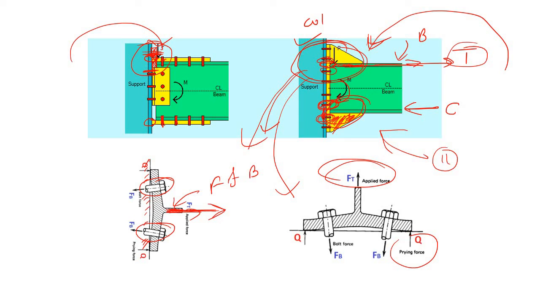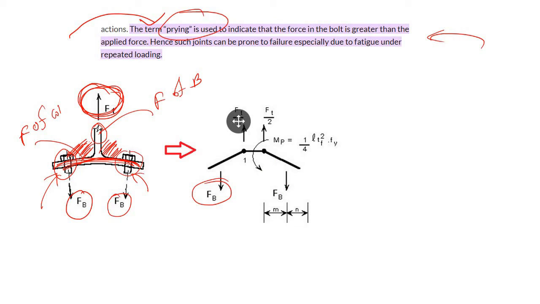This is the flange of the beam, and at both top and bottom we have stiffener. At the top we have an external stiffener, and in this zone the web itself acts as a stiffener. So if you have a stiffened moment connection, this type of system becomes very rigid and the flange of the column bends uniformly, or with unicurvature.